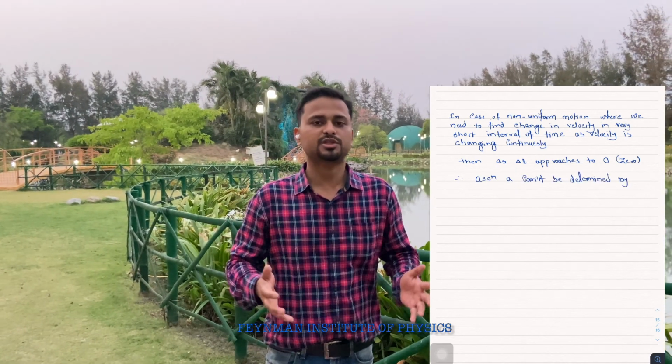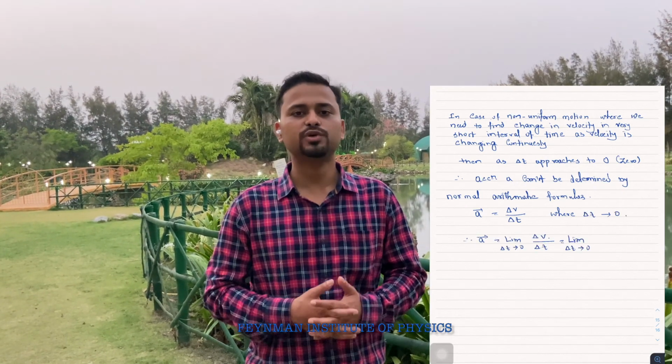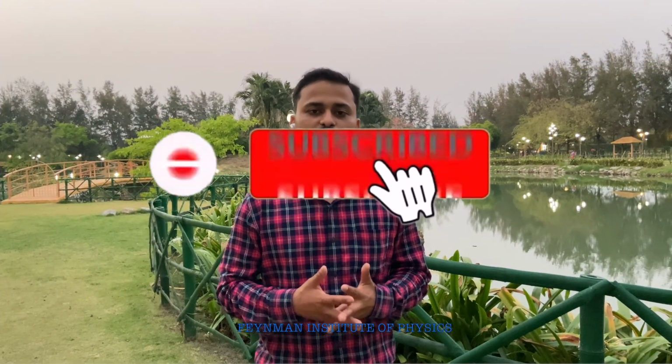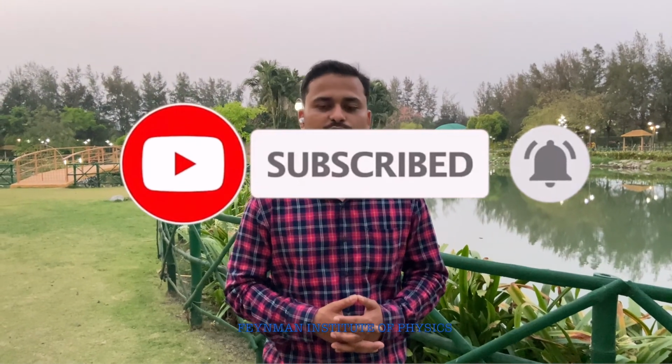So we have to adopt the mathematics of limits, that means calculus. In our next episode, we will learn how to develop this branch of mathematics, calculus, from the motion of a freely falling body. But before that, we need to know certain aspects of rectilinear motion, like average velocity and instantaneous velocity. So in order to know that, stay tuned for the next episode of rectilinear motion.